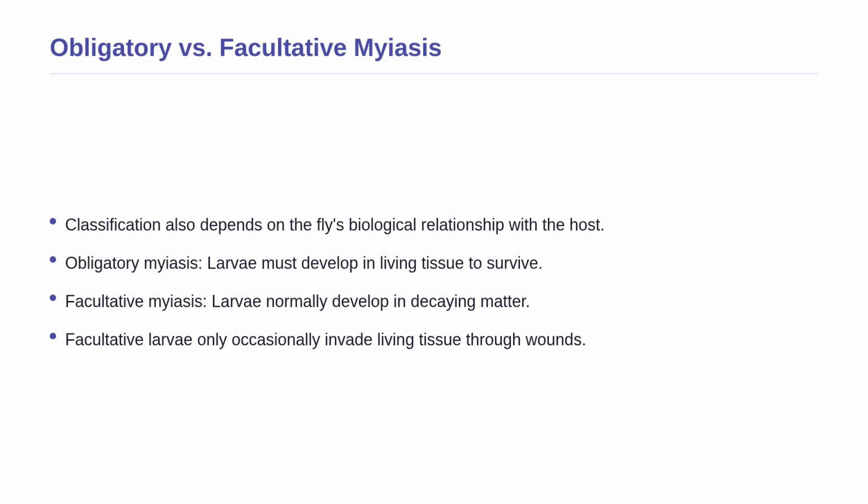Without living tissue, the larvae will die. The second is facultative myiasis. These flies normally lay their eggs in decaying organic matter, like a carcass. However, if they find an untreated wound on a living animal, they will take advantage of it and infest the living tissue. This distinction is vital for identifying the fly species.